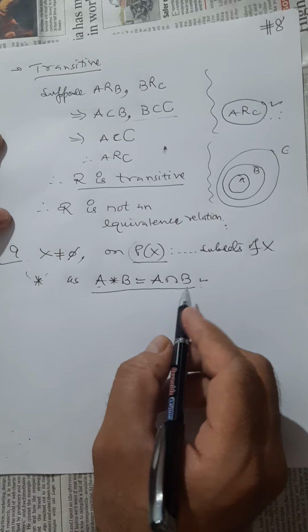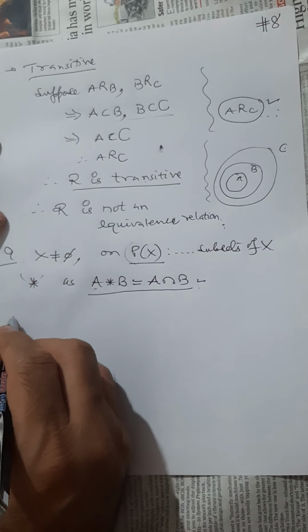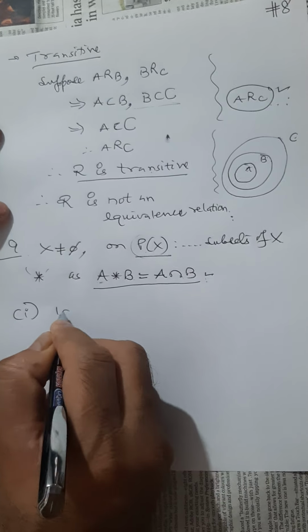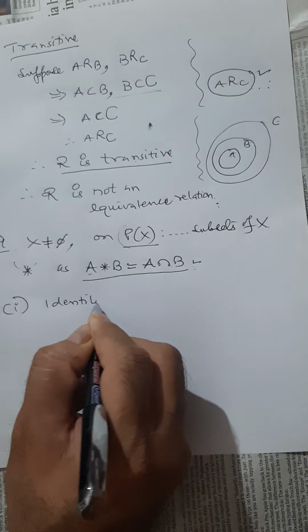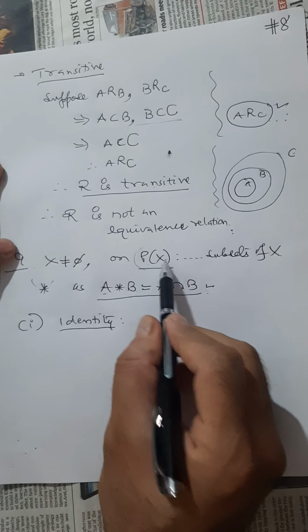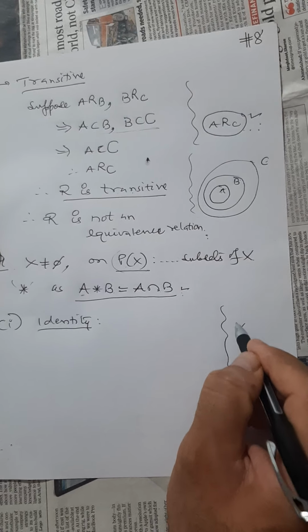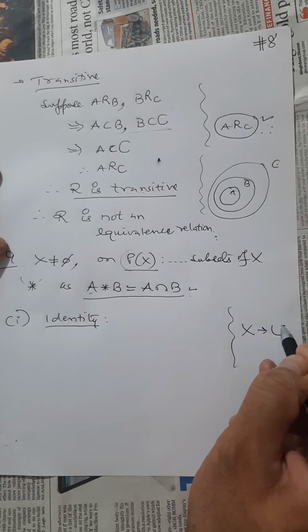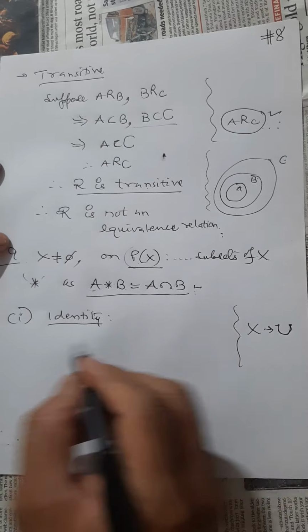Now the question is about the identity element. That's the first question. Here X is like the universal set, the largest set.